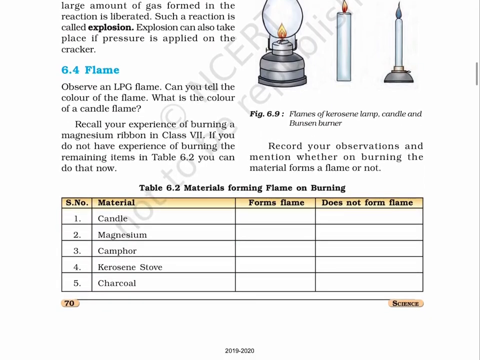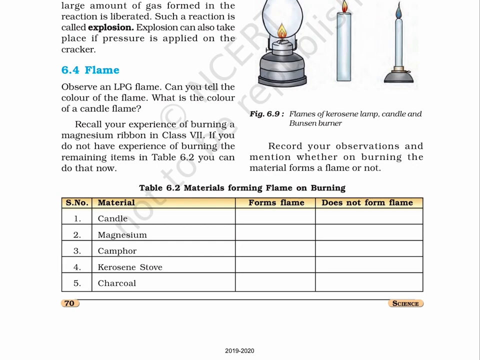6.4. Flame. Observe an LPG flame. Can you tell the color of the flame? What is the color of a candle flame? Recall your experience of burning a magnesium ribbon in class 7. If you do not have experience of burning the remaining items in table 6.2, you can do that now.